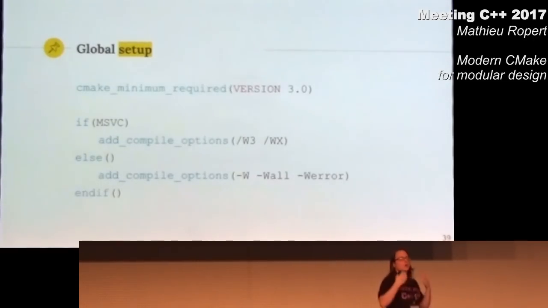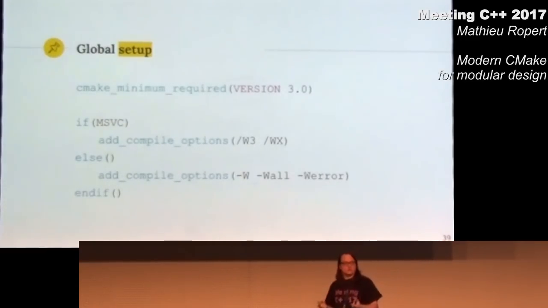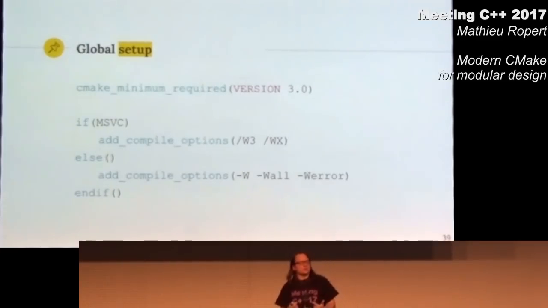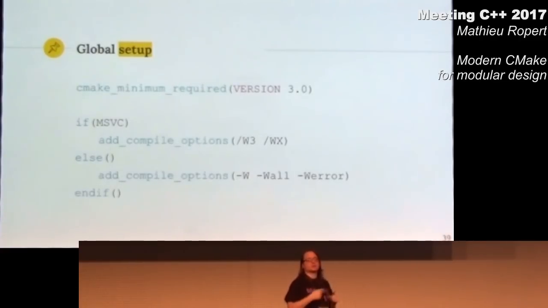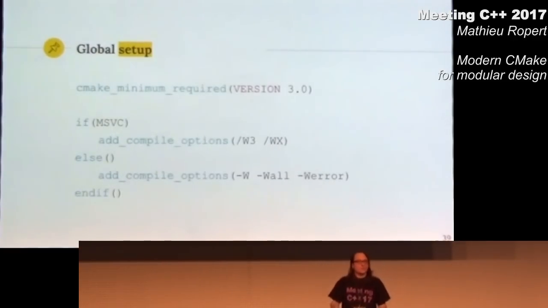For example, compile flags, like warning flags. You might say each module can have its own warning flags. That sounds like a good idea in theory, but in practice, it means that if somebody very high in the hierarchy is more strict than you, they can break your build without breaking theirs, which is kind of weird because your code is okay.